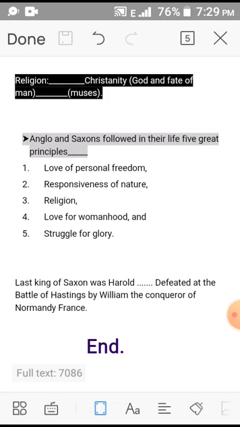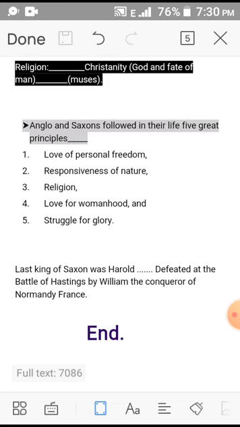The third one is religion. The most important theme of these writers was religion. The fourth is love for womanhood, and the fifth is struggle for glory. They are warriors, brave and fearless people, so they used to fight wars on different occasions.